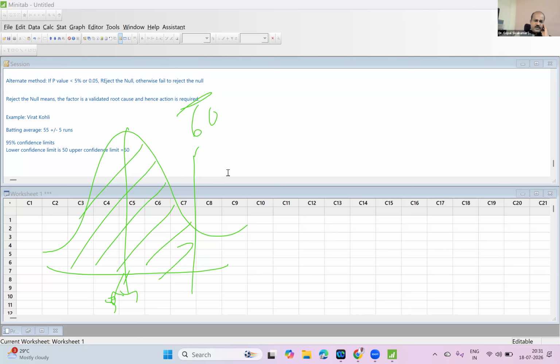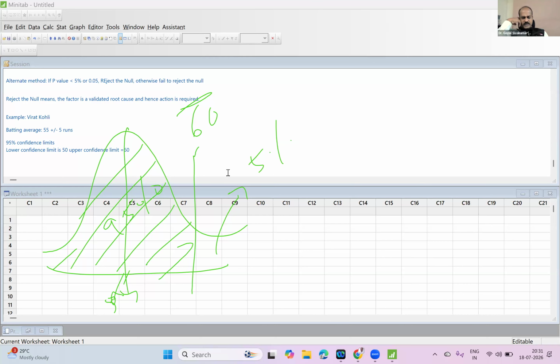The area to the left of this 60 corresponds to 95%, so the right side will correspond to 5%. The assumption is that in 95% of the matches, his score is 60 and below. In 5% of the matches, his score is above 60. Maybe he has scored centuries and many other things.